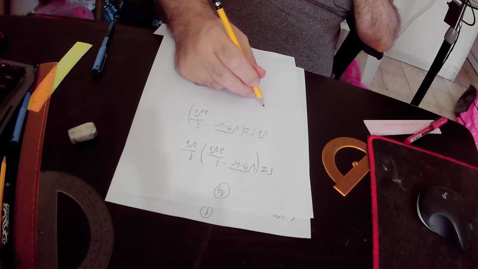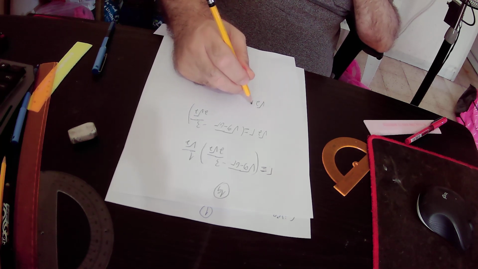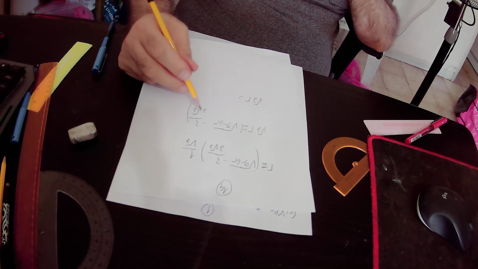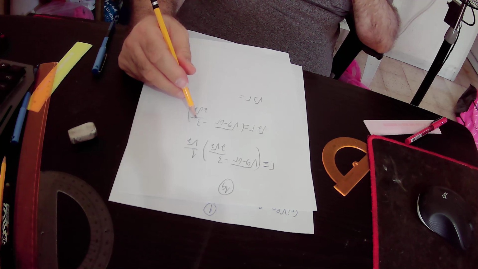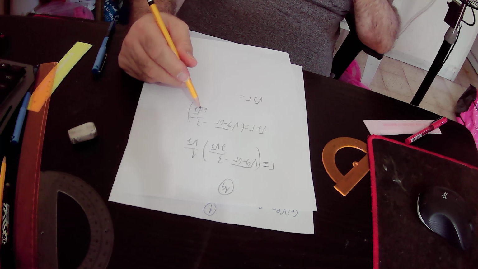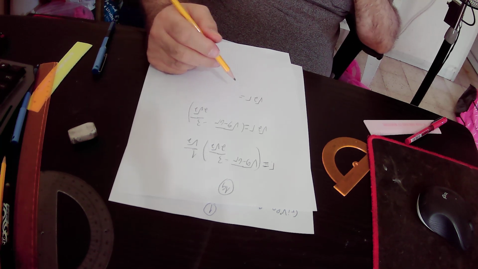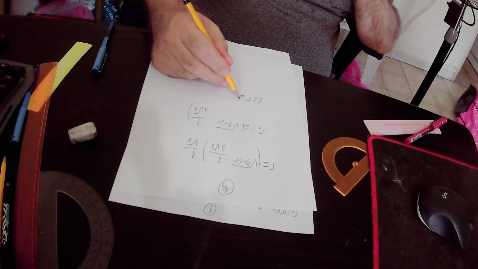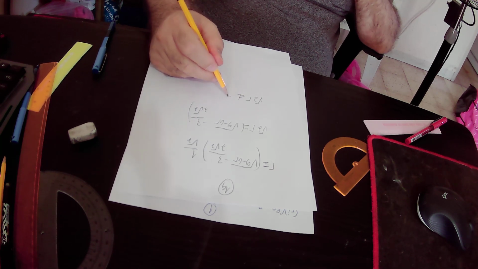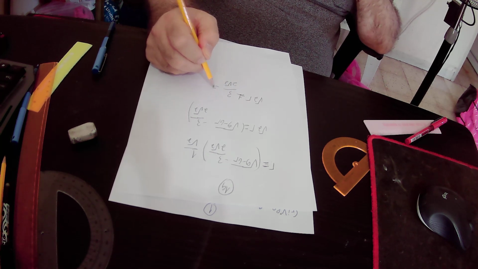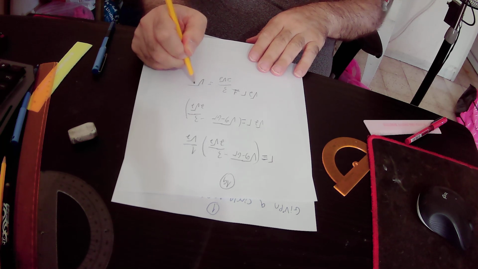So here we have root 2 times r. We will add to this equality 3 over 2 times root 2. We will get that root 2 times r plus 3 over 2 times root 2 equals the root of 9 minus 6r.